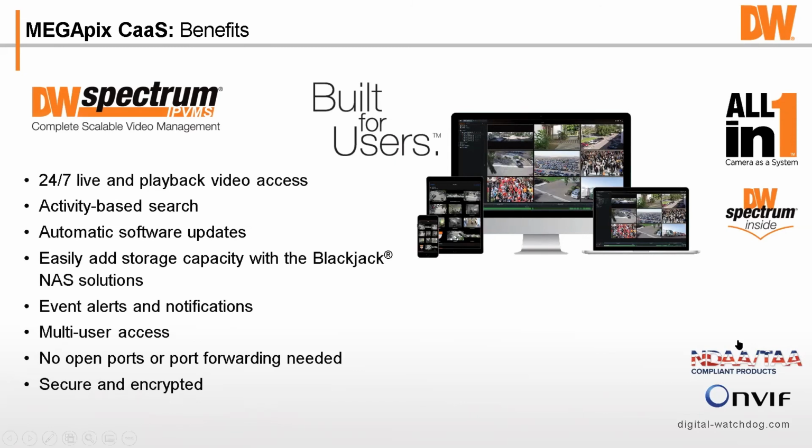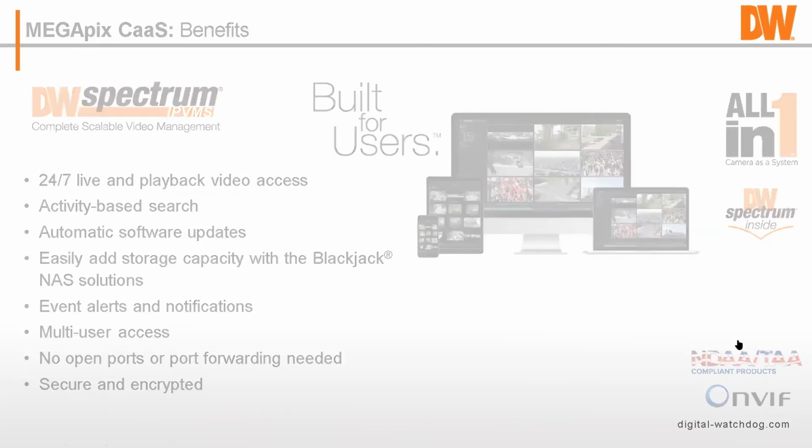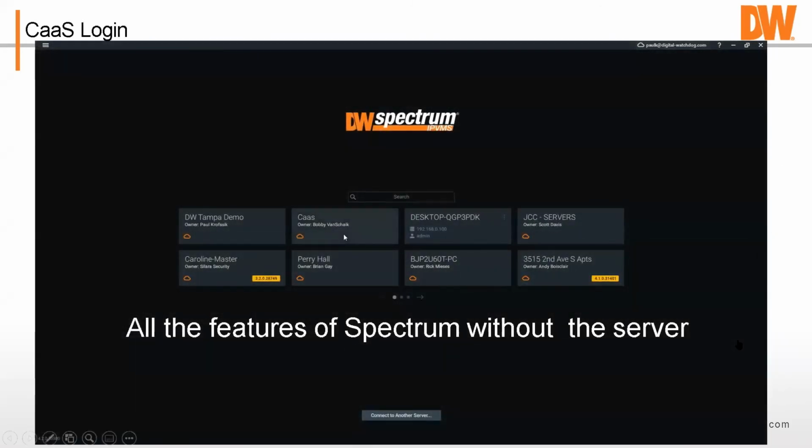Again, same functionality. So 24/7 live playback, activity-based search. I showed you the motion detection, auto software updates if you want. You can add capacity using a NAS, multi-user access. And if you're using the DW Cloud, no ports needed to open. So all the features of Spectrum without the server.